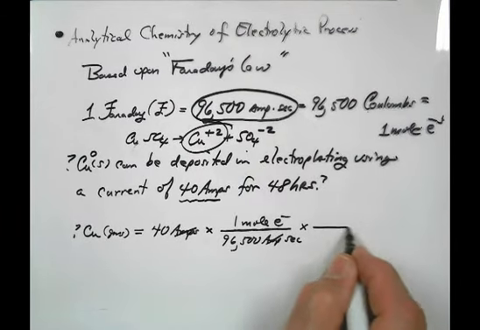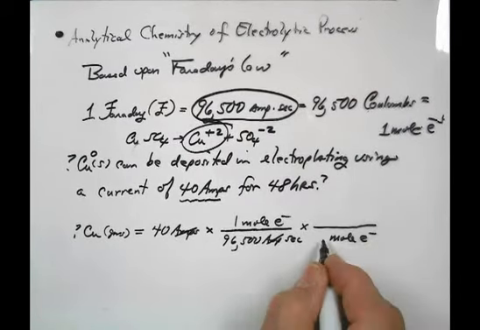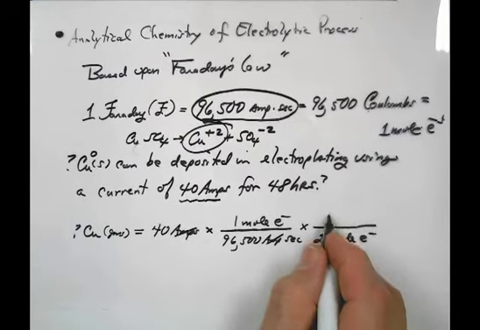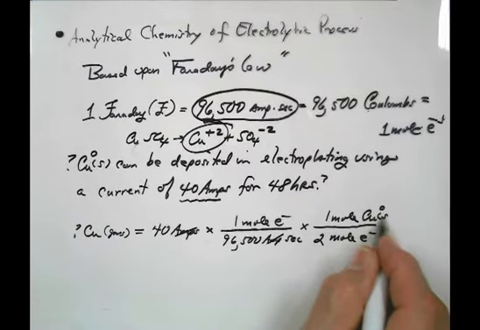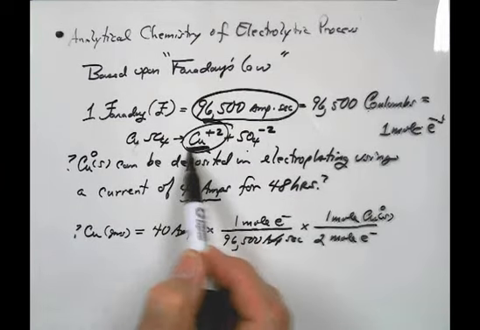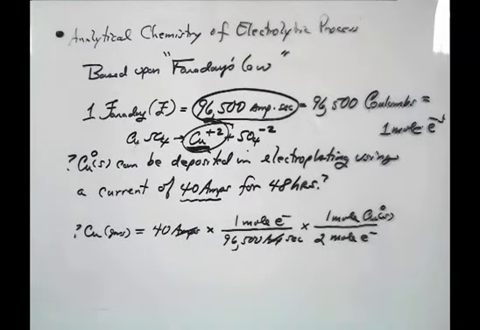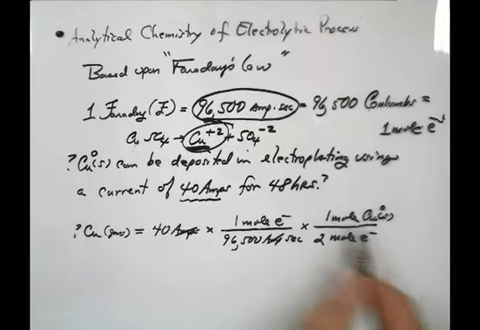So now you want to get rid of moles of electrons. Well, the idea is 2 moles of electrons will produce 1 mole of copper metal. Because look up here. We need to reduce that to the metal. I've got to have 2 electrons per copper. That means I've got to have 2 Faradays, or 2 moles of electrons for 1 mole of copper.